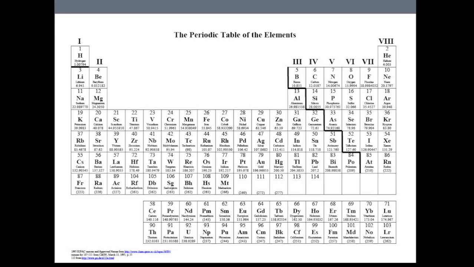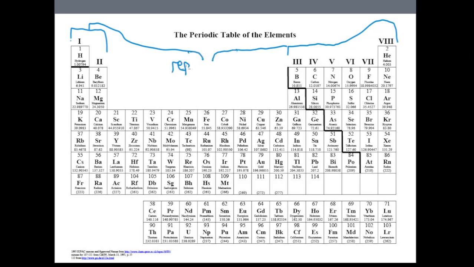So my tall groups on the left and right of the periodic table are going to be called the representative elements. So group 1 and 2, and groups 3 through 8, these are going to be called representative elements. Okay?